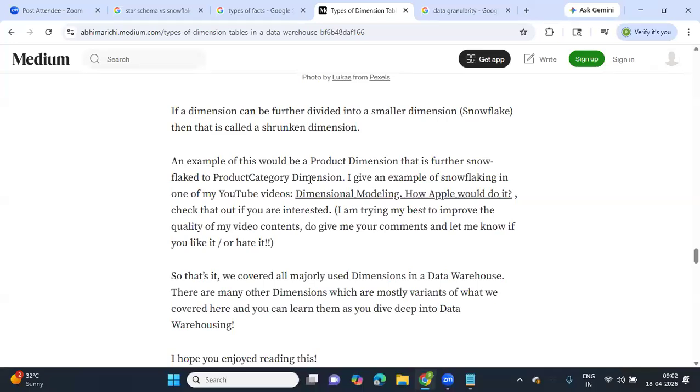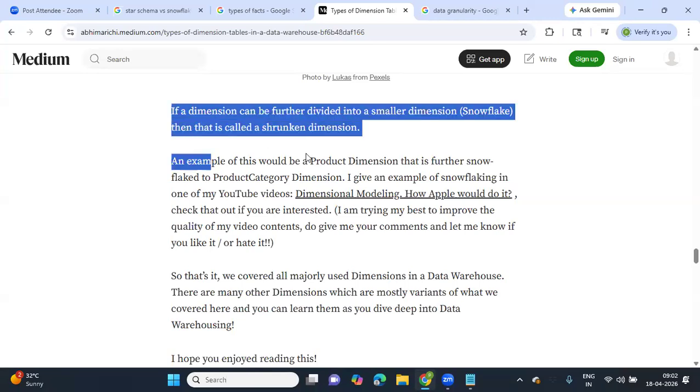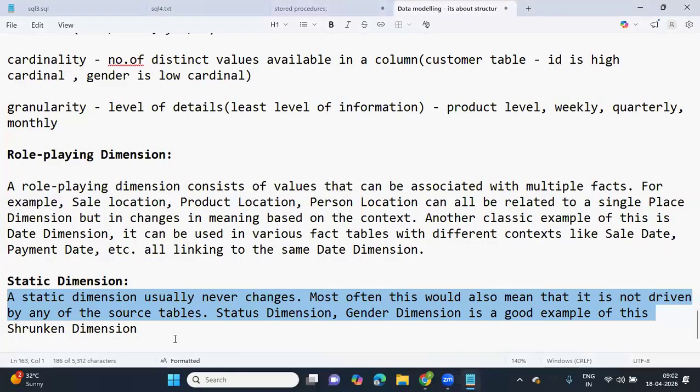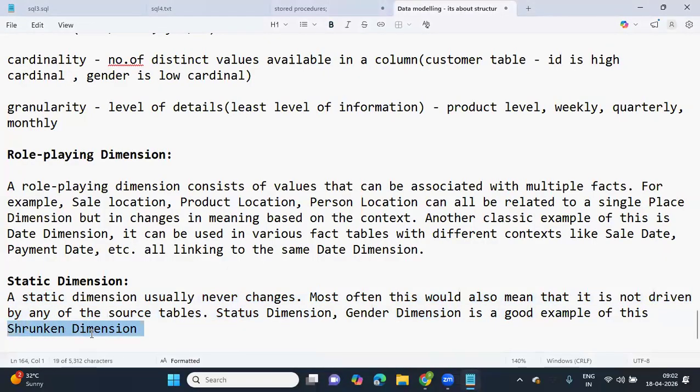Further, if you want to split it, is that possible? No, right? So if the table is not able to be split further, then we can call it a shrunken dimension.